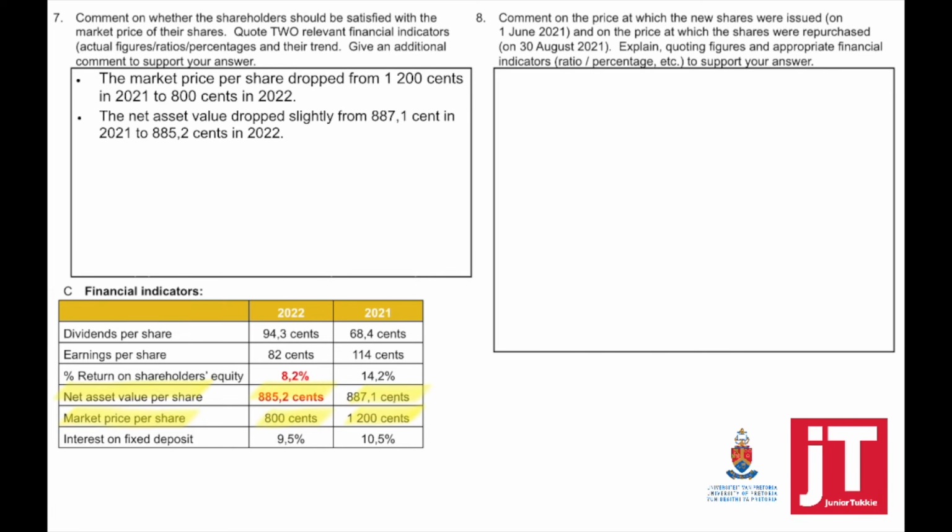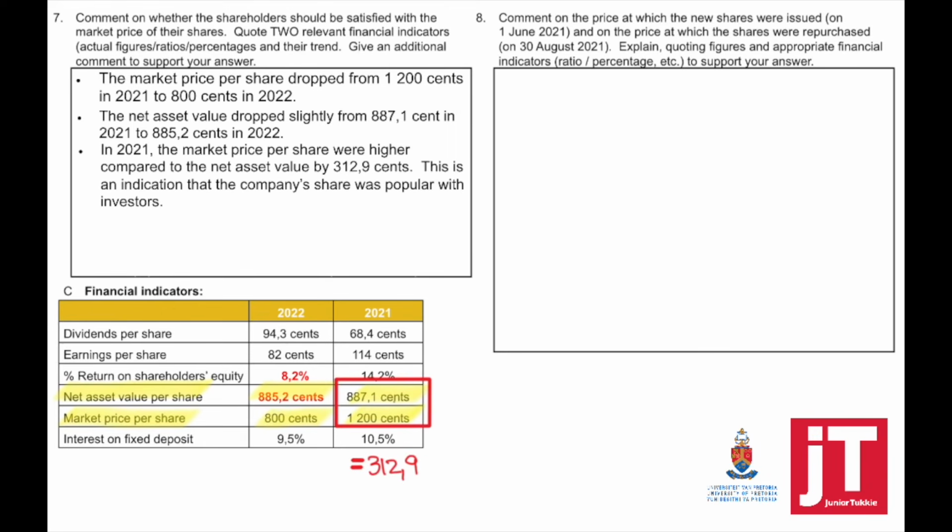When we look at the net asset value, make sure again that you use your answer that you've calculated in the previous questions and compare it to 2021. If I compare 2022 with 2021, you can see that there was a slight drop in the net asset value.